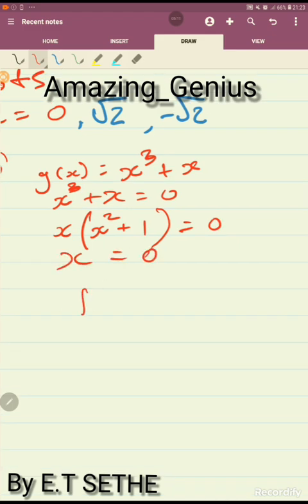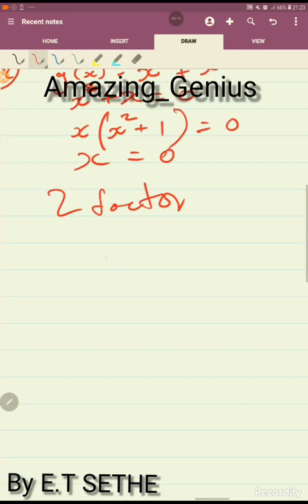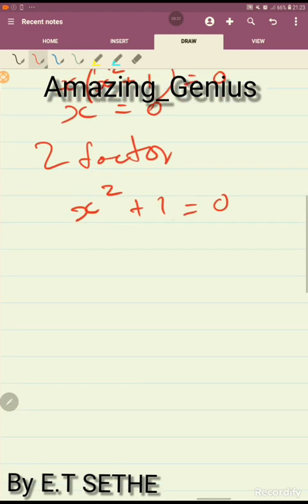Therefore, we have to check our second factor. Our second factor, we have that x squared plus 1 is equal to 0, meaning that we're going to take this to the other side. x squared is equal to negative 1.